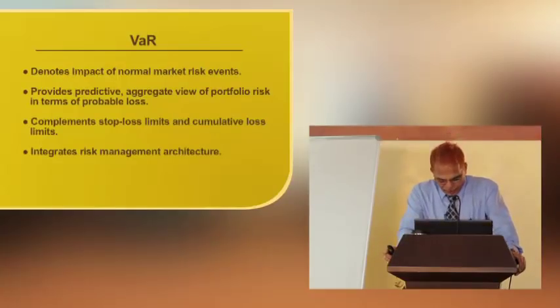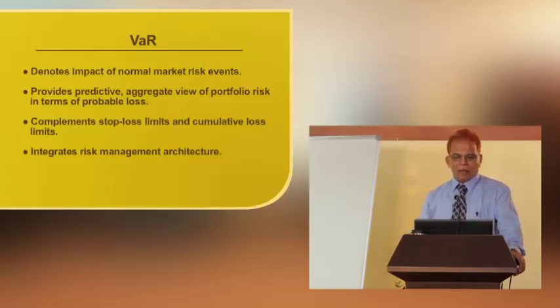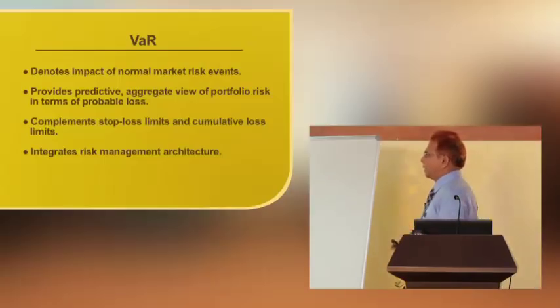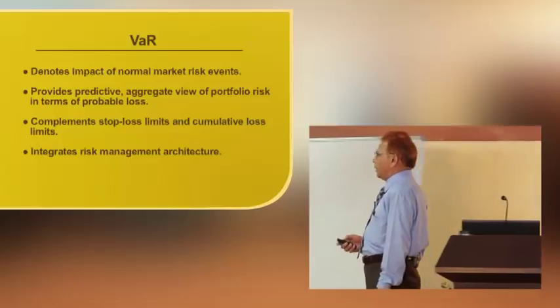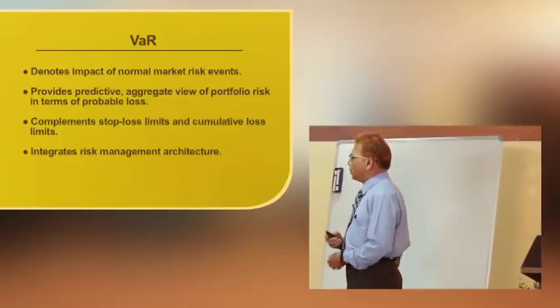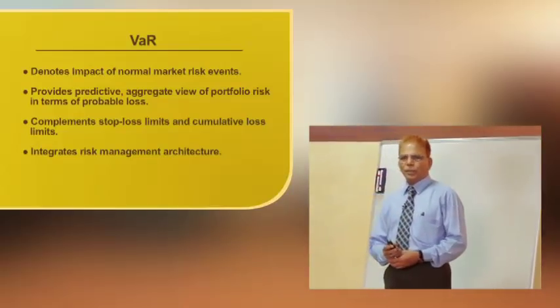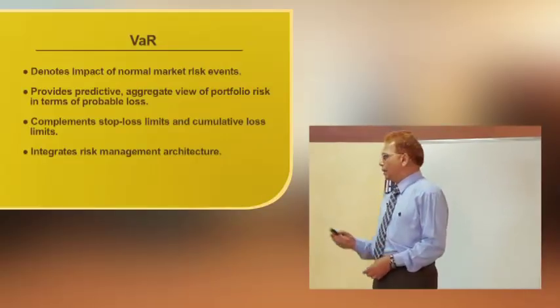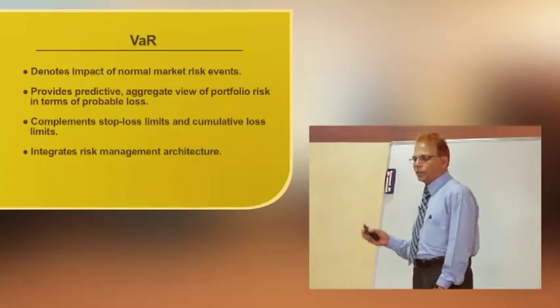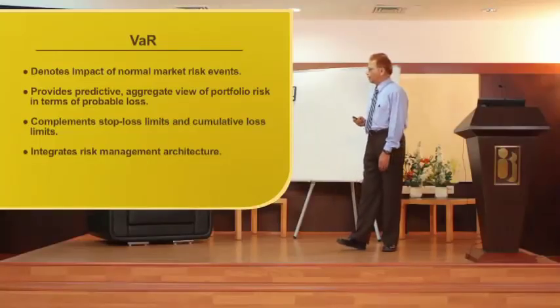And we know that the VAR measurement is applicable only in normal market conditions, and it is also used by regulators for the capital charge. It is also used as a stop loss limit in addition to the cumulative loss limits.